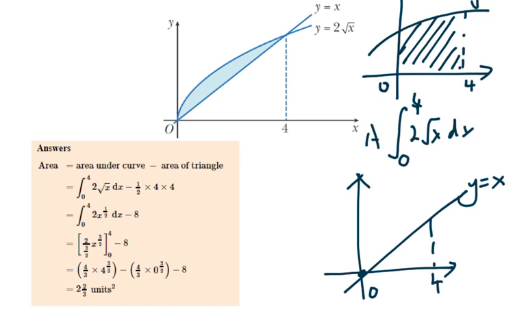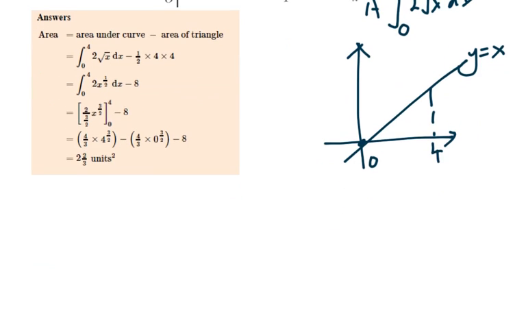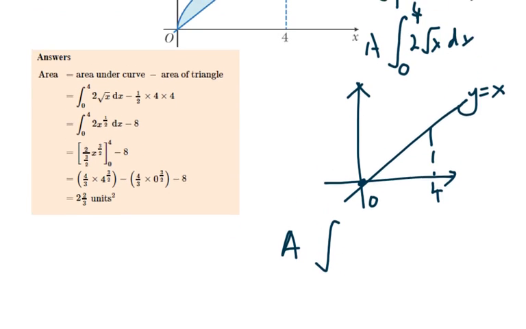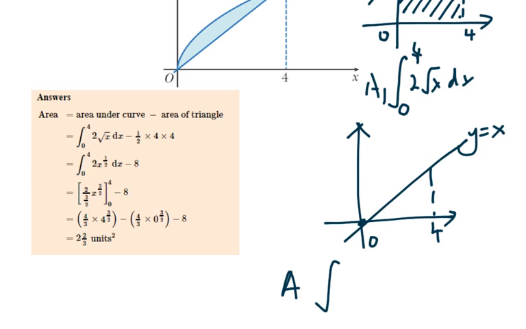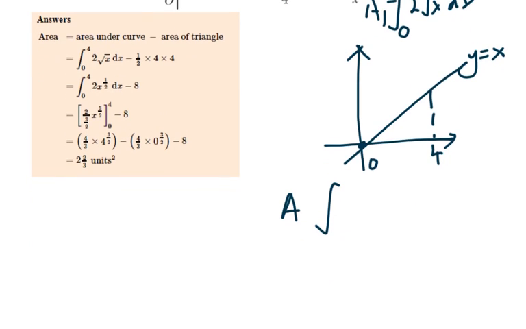If you integrate this equation, this is area number 1 just now, and this is area number 2. From 0 to 4, x dx, you will be able to get the area which is under the straight line.